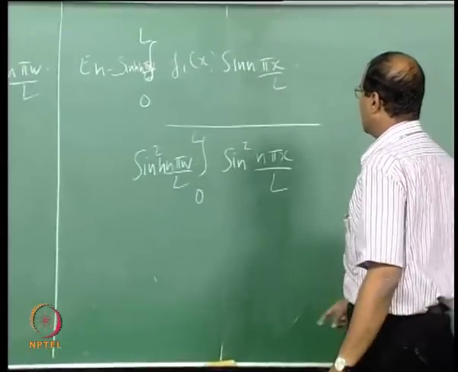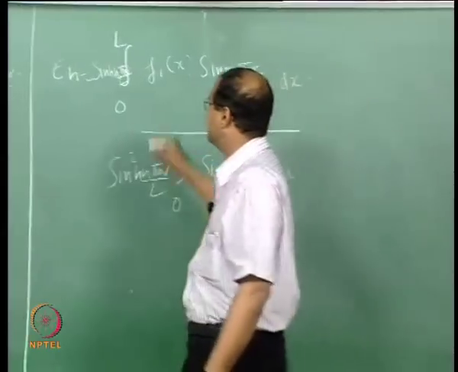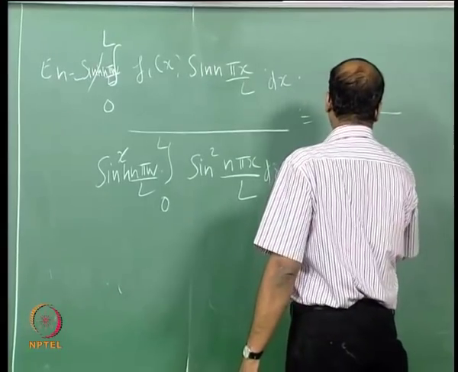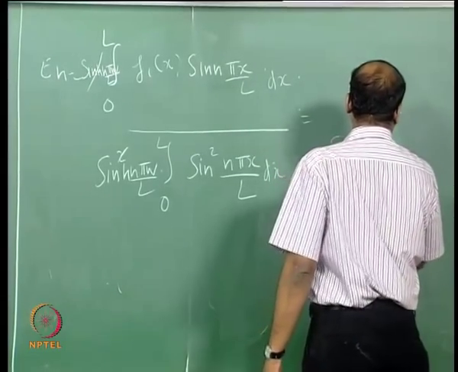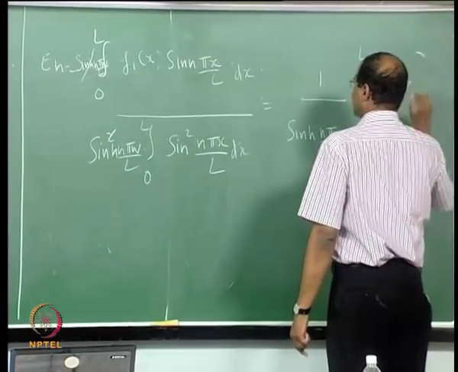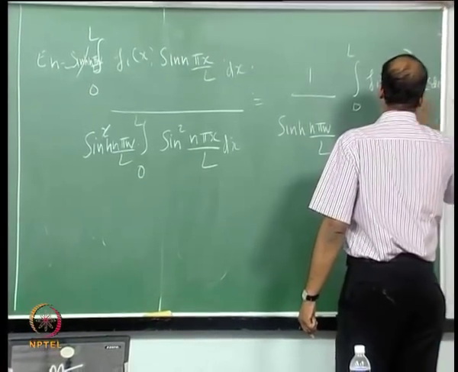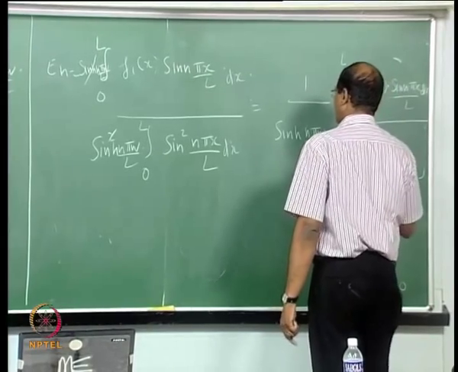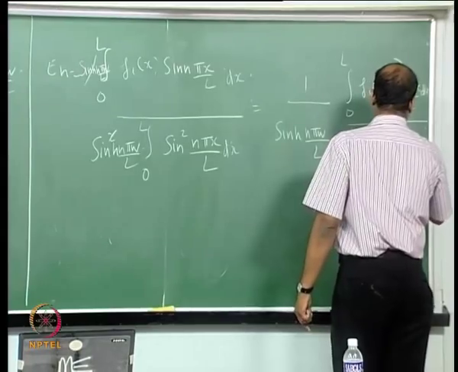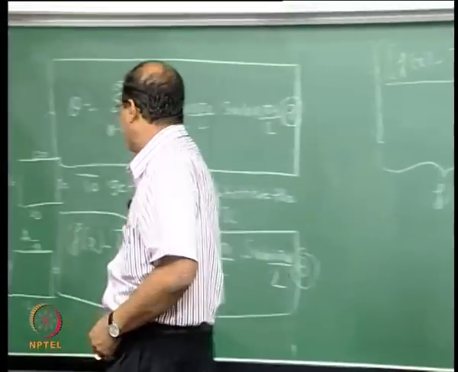But fortunately for us it can be taken out of the integral, because integration is with respect to x. So En will be equal to the numerator over the denominator, which we already evaluated as L by 2.